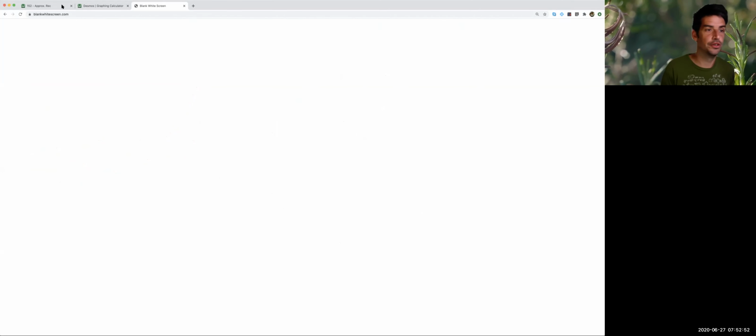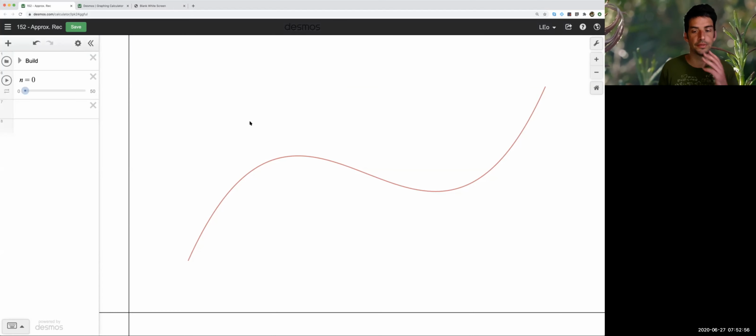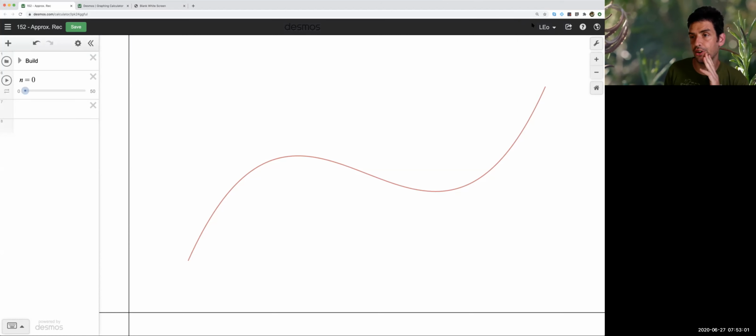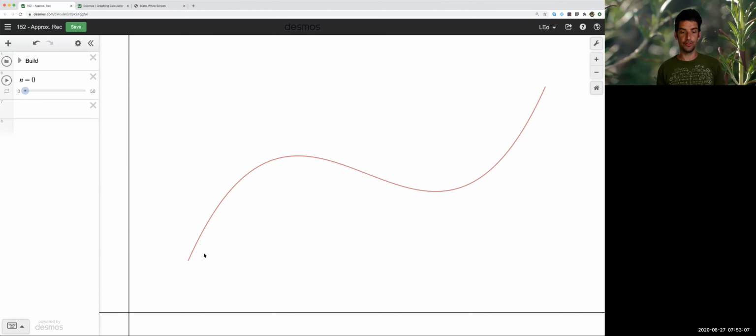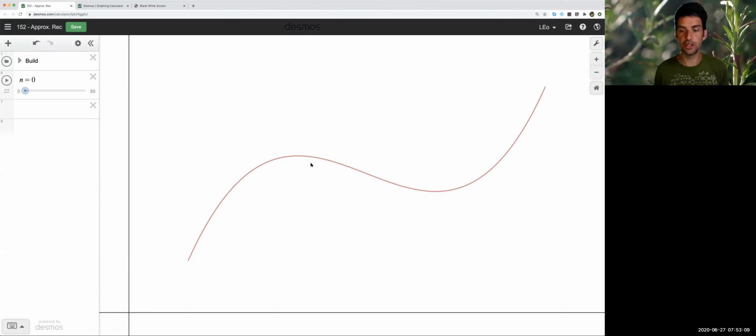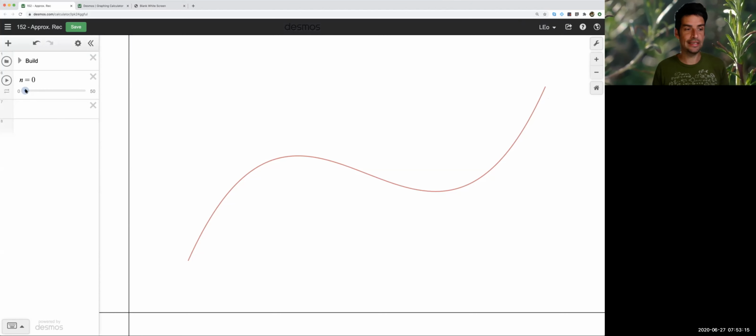So let's take a look at what I'm talking about. Here's some arbitrary function. Imagine we want the area under this curve, meaning between the x-axis and this curve. I've just drawn a little section of a function, and we want this area. We are going to try to approximate it with rectangles.